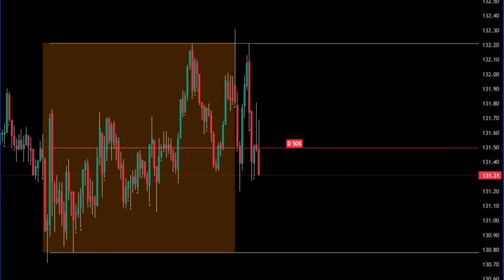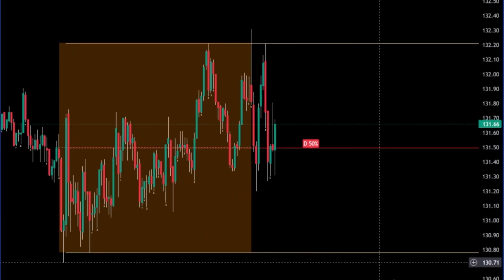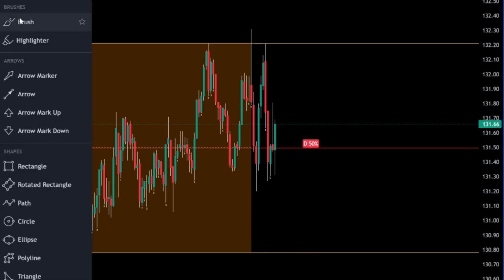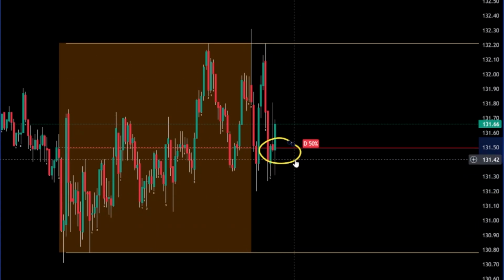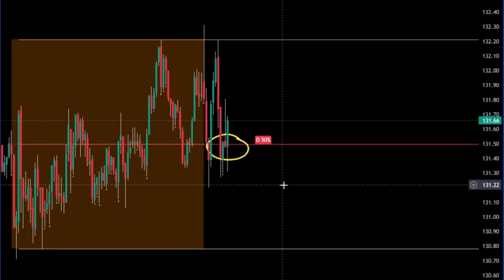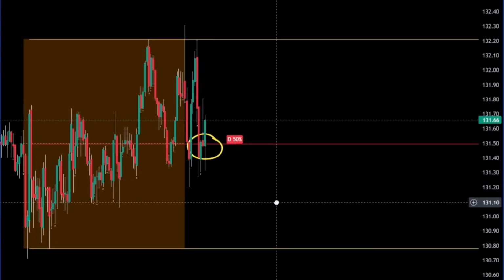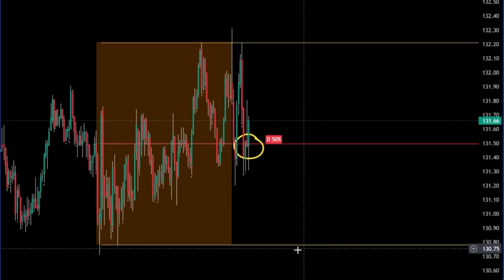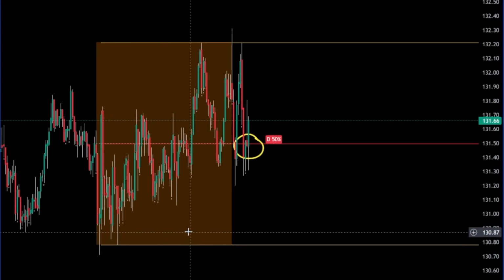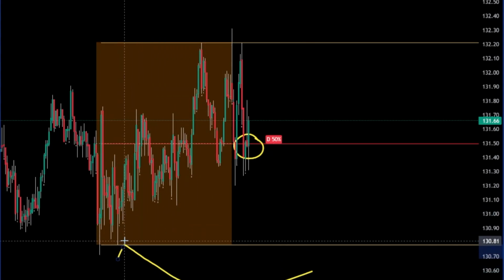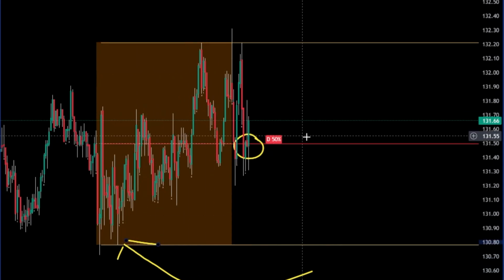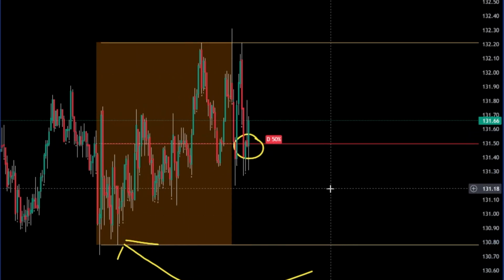So imagine we take puts right here, and we have a decent expiration on it, at least a week out or so, just to give us some safety. If we have some level of expectation that we can get back down here from an entry right there, we have an understanding of this high probability.